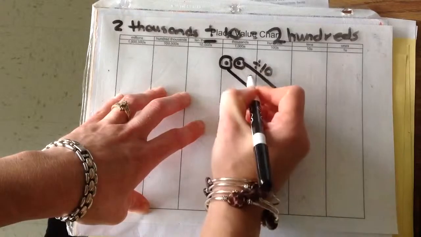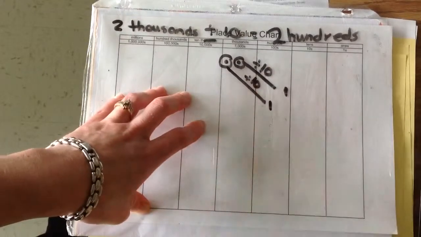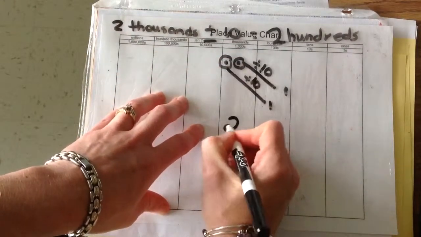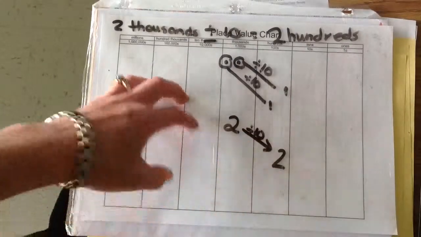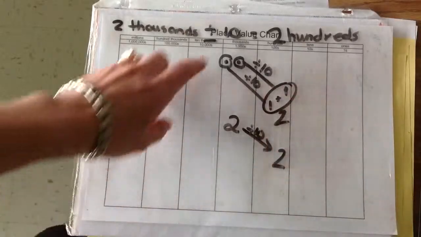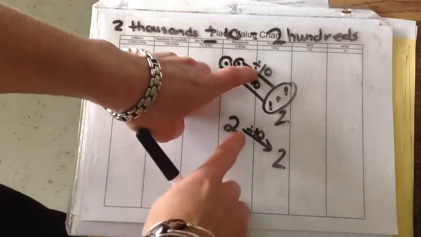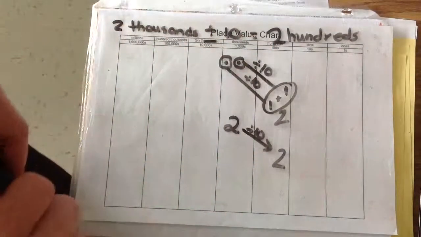And here, divided by 10 just becomes 1. Because there were 2 in here. 1 plus 1 is 2. So 2,000s divided by 10 gives me 2 hundreds. And that's what our lesson was about today.